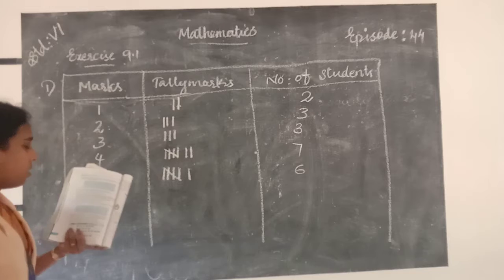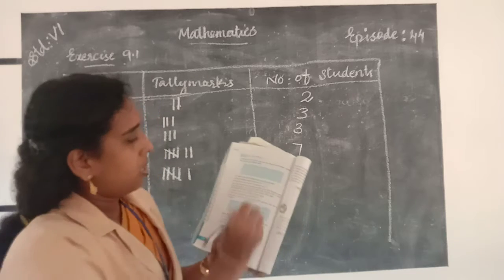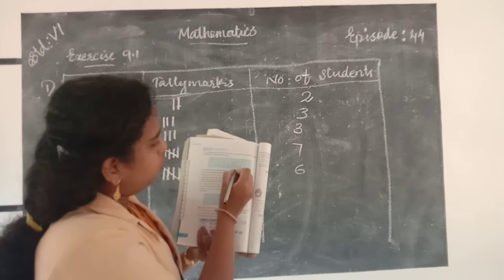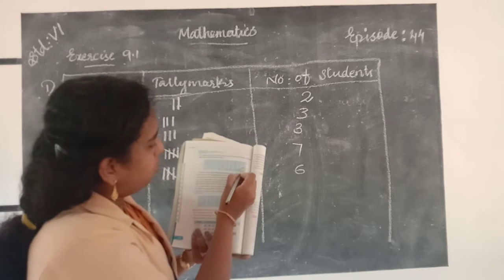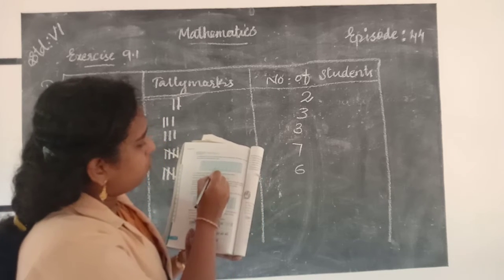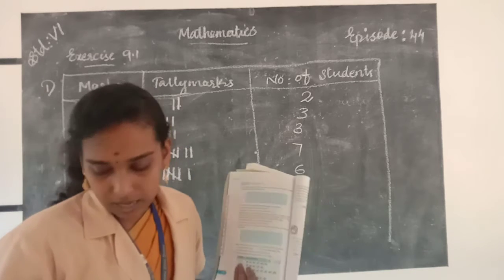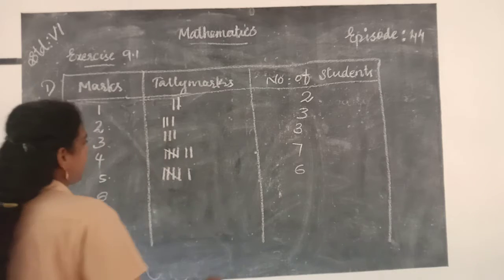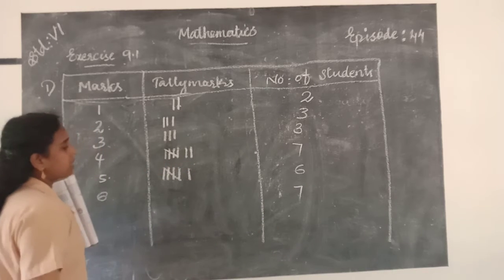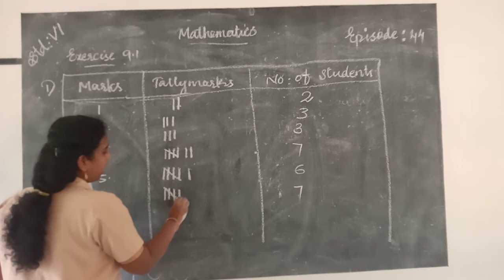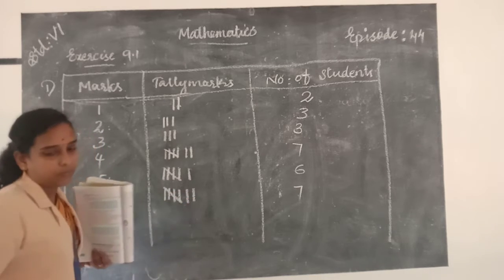Then the students who got 6 marks: 1, 2, 3, 4, 5, 6, 7. So 7 students got 6 marks, and the tally marks are 7.